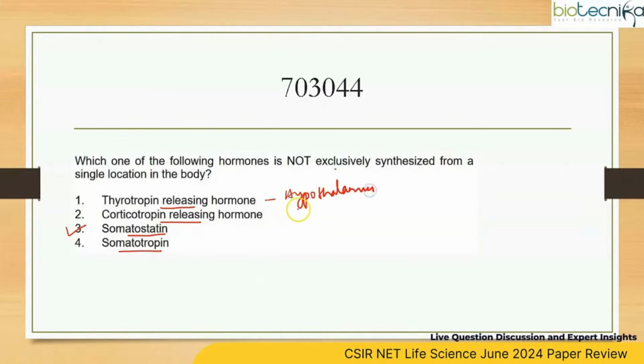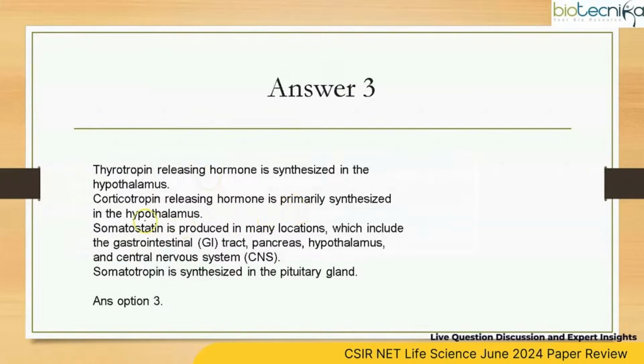Corticotropin releasing hormone is also synthesized in the hypothalamus, but somatostatin is produced in many locations: the pancreas, the hypothalamus, the gastrointestinal tract, and the central nervous system. That is why the right answer is option 3, while somatotropin is synthesized in the pituitary gland.